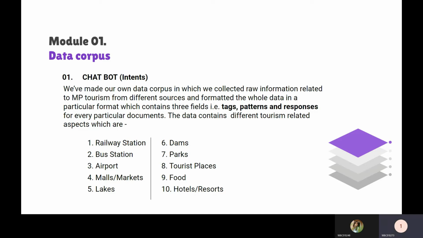Our data contains different topics and information related to different places like railway stations, bus stations, dams, parks, airport, malls, market, lakes, then different tourist places like museums and temples, places where we can get street foods, different cafes, and also hotels and resorts.